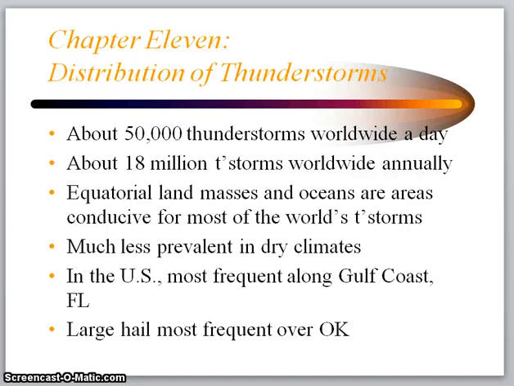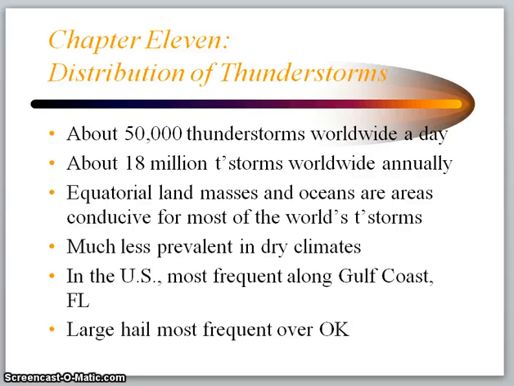If you look at the distribution of thunderstorms worldwide, on any given day there are about 50,000 thunderstorms that occur. Annually, if you add them all up, it's about 18 million thunderstorms around the world in an entire year on the average. Land masses near the equator and oceans near the equator are areas that are more conducive for development of thunderstorms than anywhere else in the world because you constantly have warm, moist air rising rapidly up where cooler, drier air is aloft.